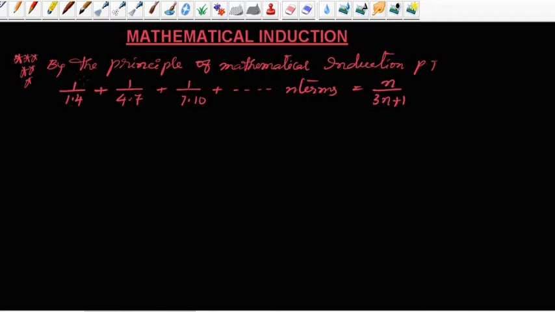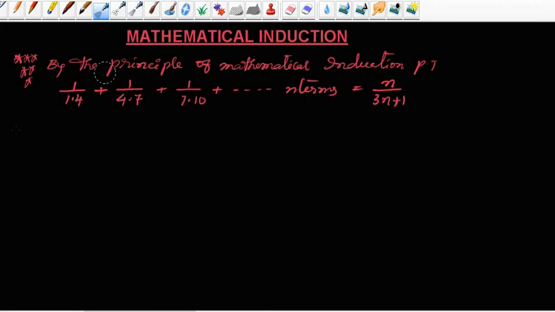The numerator always contains 1 in each term. In the denominator, first term 1 into 4, second term 4 into 7, third term 7 into 10. That means every term in the denominator contains two factors.